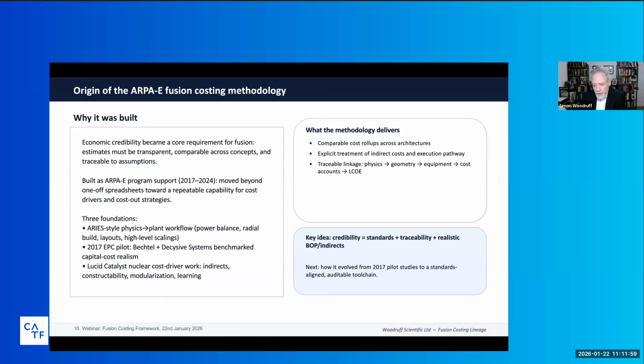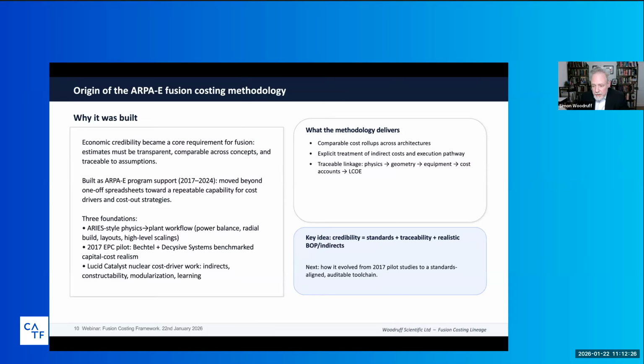So I started working with the Aries team in the form of Ron Miller and Leila El Gabali. And so we started rewriting the Aries code in a more general way. We wanted to understand what the levelized cost of electricity was for our fusion systems that we're designing for super compact systems.